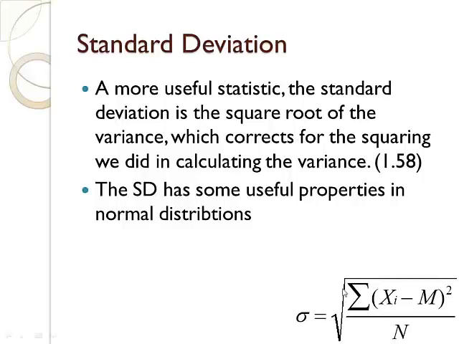The formula for calculating the standard deviation is the same as the variance, only we take the square root of the variance. So in that problem on the last slide, where we came up with a variance of 2.5, the standard deviation would just be the square root of that, which is 1.58. That's just in case you were wondering.